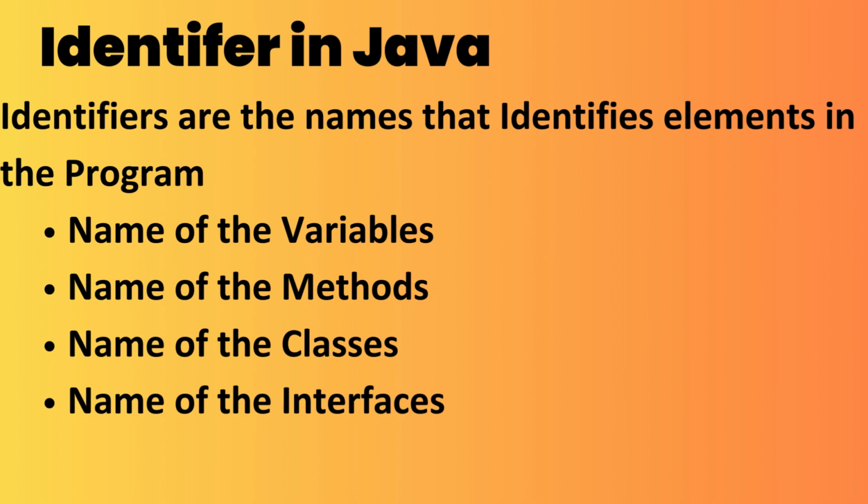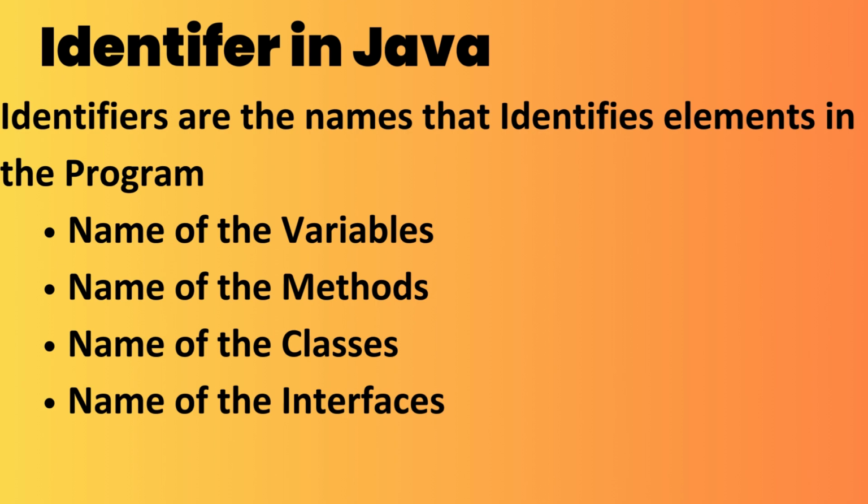Coming to Java, the names we give to Java concepts are the name of the variables, name of the methods, name of the classes, name of the interface. Everywhere in Java, if you want to give a name to specific objects or specific classes, then the identifier concept comes in. So identifiers are nothing but the names that identify the elements in the program.